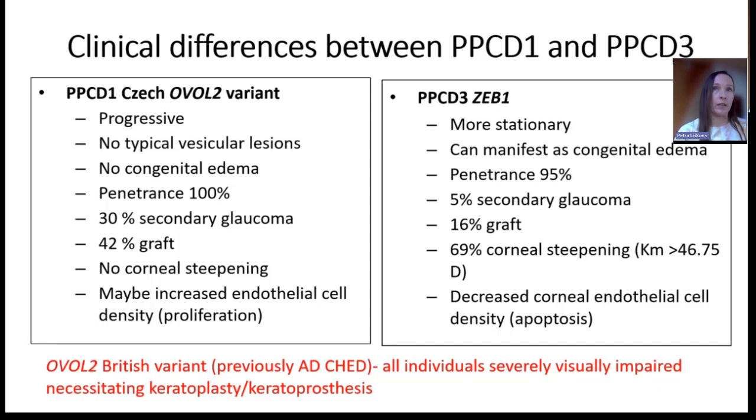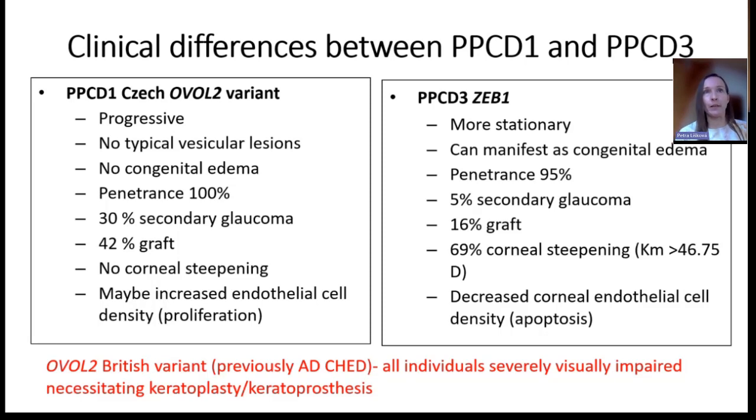In PPCD3, I already mentioned that there are cases that carry the disease-causing mutation but do not show any signs of the disease until they're old. We had one 70-year-old case, and she did not have any corneal changes.